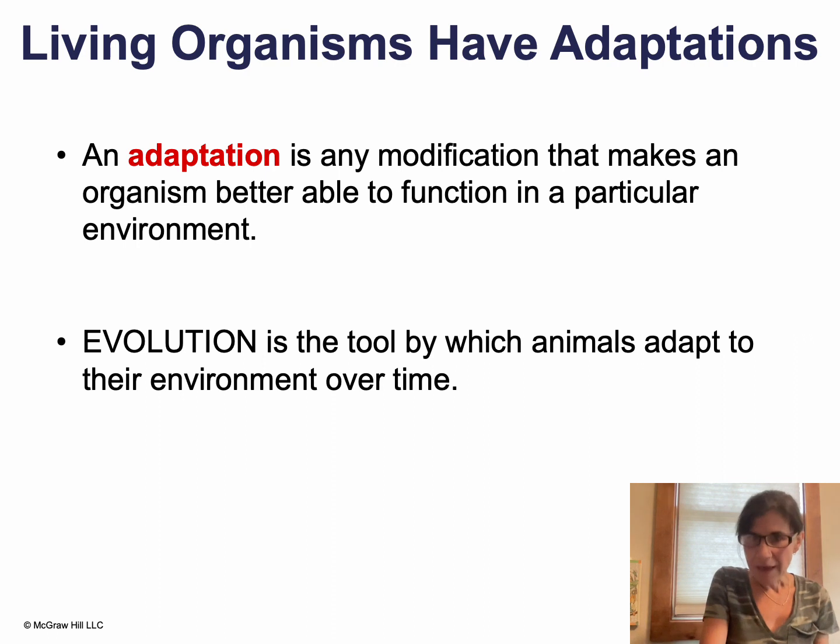Organisms also have adaptations that allow them to survive in their particular environment. For example, I like giving examples instead of just definitions. If an adaptation is something that allows an organism to survive in its environment, what are humans' adaptations? Our brain. Our brain has allowed us to learn how to grow food over time and transmit that knowledge to our young.